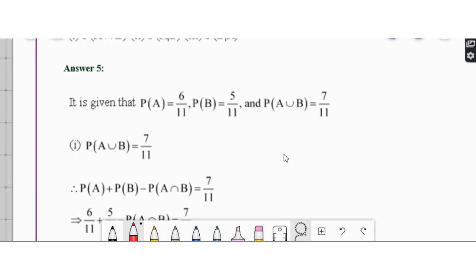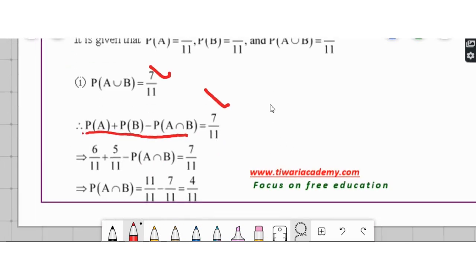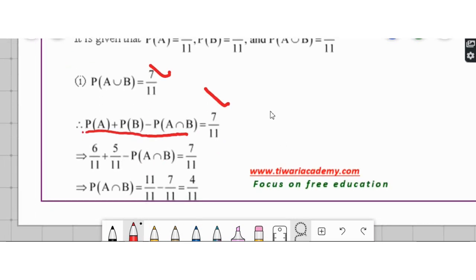Union is equal to, you know that, P of A plus P of B minus P of A intersection B, and the union is available, so 7 upon 11. P of A is 6 upon 11, P of B is 5 upon 11, given. The intersection we have to find out, the union is available, so the final answer, the intersection, is equal to 4 upon 11.